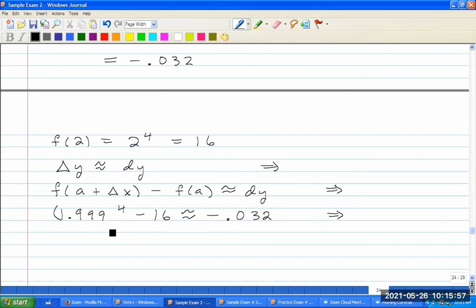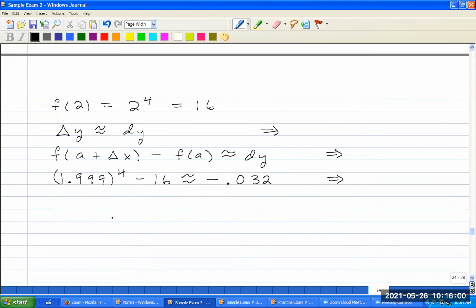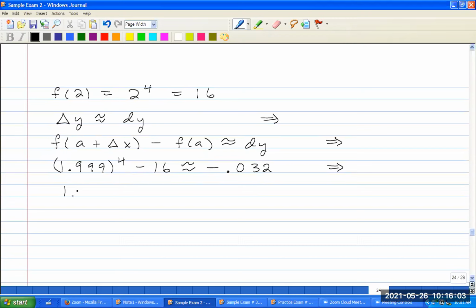And so 1.999 to the power 4, well, adding 16 to both sides of your equation, you get 15.968. Okay, so that's your approximate answer using differentials. Okay, good.